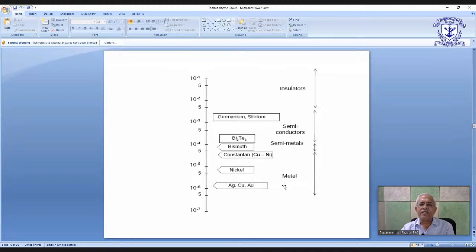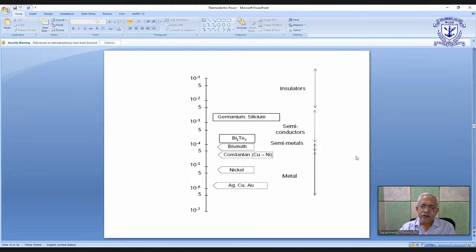Metals have the smallest Seebeck coefficients. Highly conducting metals have the smallest. Then semi-metals like bismuth and their compounds have somewhat larger Seebeck coefficients, and semiconductors have really large Seebeck coefficients of all the materials.